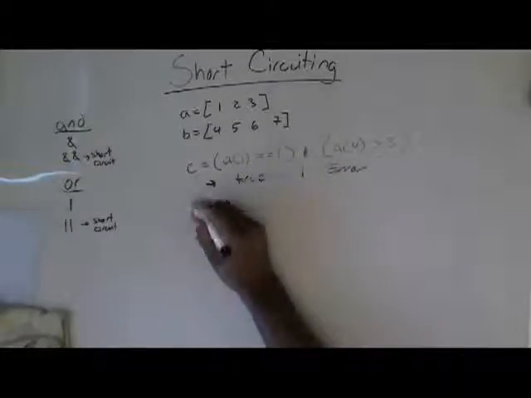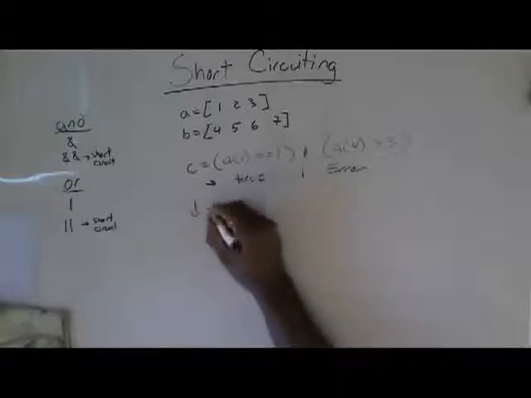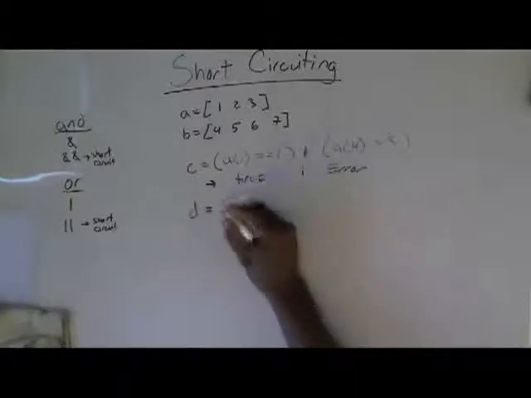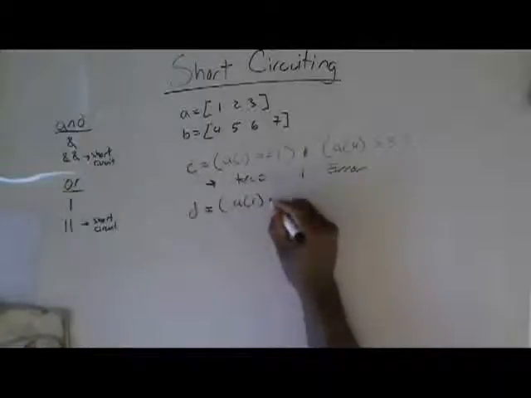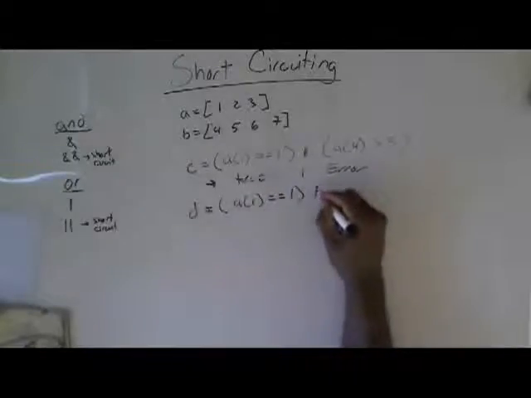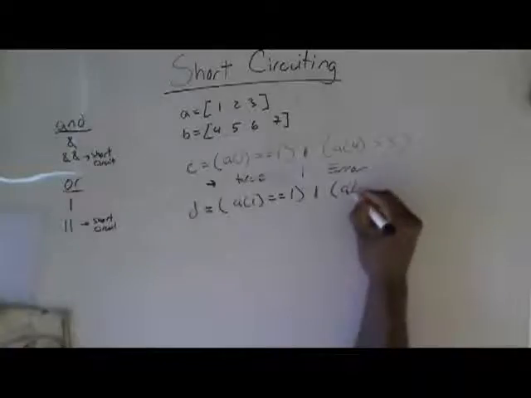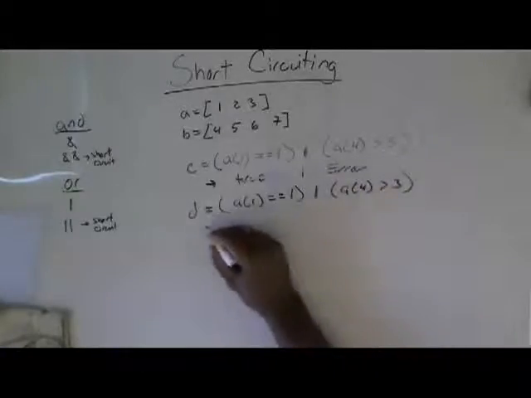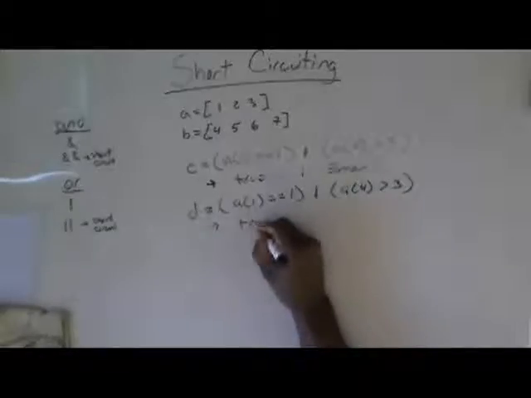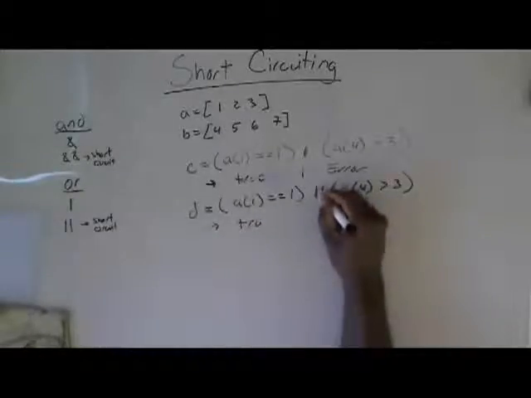Whereas if I came in here and said D for D, or, now this is going to evaluate to true with a short circuit. That's the double.